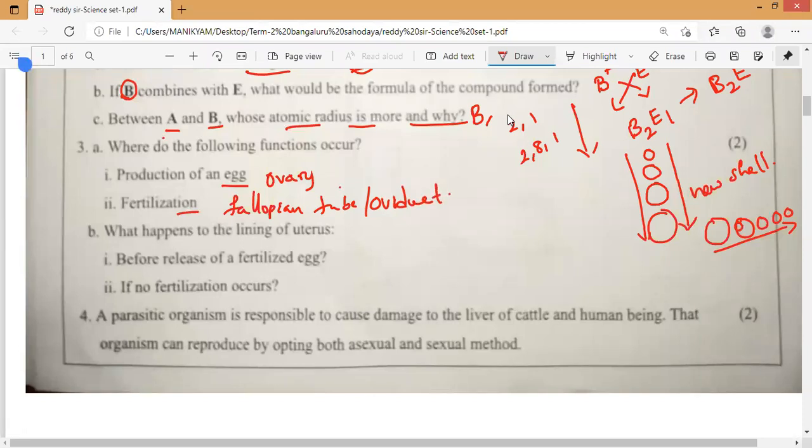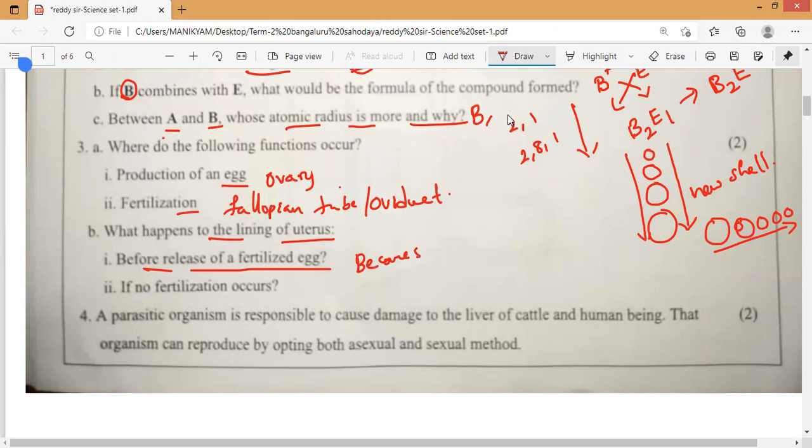Next, what happens to the lining of the uterus before release of a fertilized egg? The lining becomes thick.